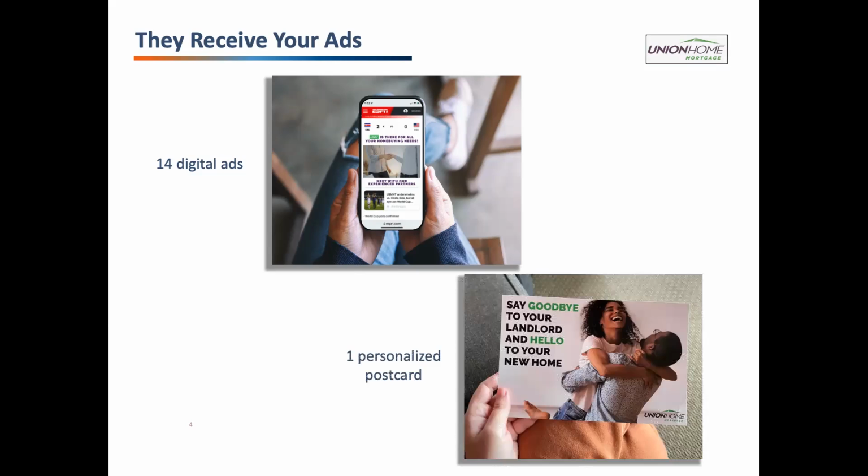While they're receiving those ads, they'll also get your personalized postcard in the mail as well. So we have found that the effectiveness of these 2 together has been much more than either of them by themselves. So it's a very strong combination that is happening.